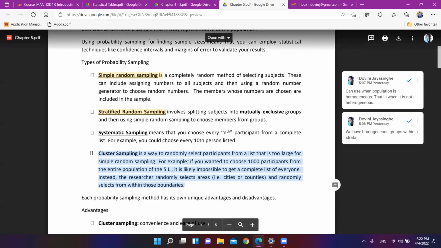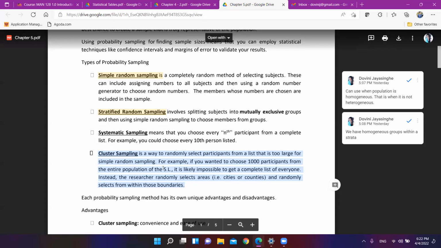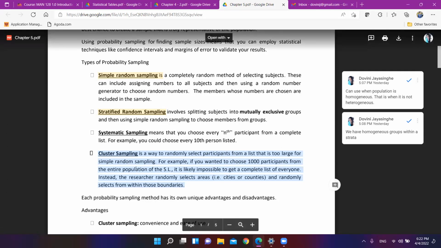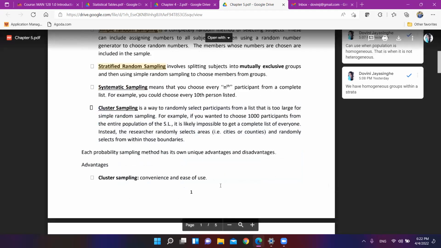We use this when the population list is too large, when we don't have access to the entire population, we go for cluster sampling.